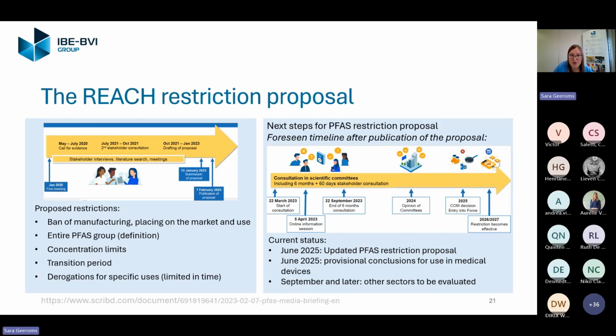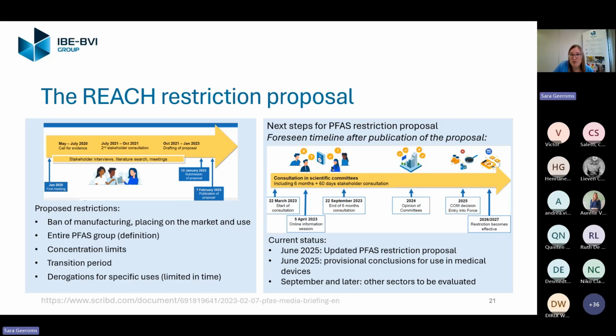The REACH restriction proposal was published in 2023. It is a document of over 2,000 pages and contains risk assessments, concentration limits, and a proposal for transition periods and derogations.